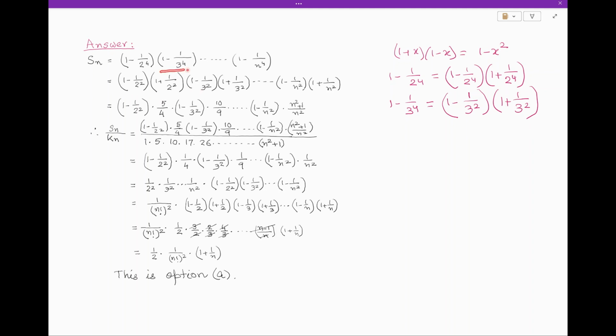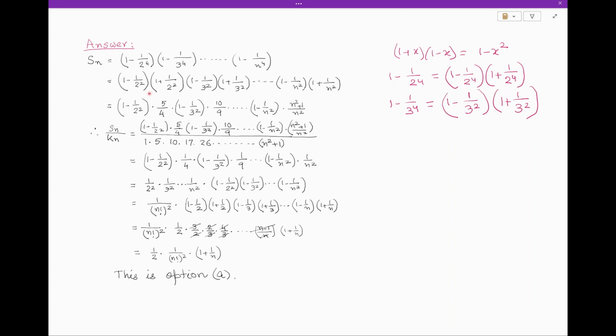And the second term becomes 1 minus 1 by 3 squared multiplied by 1 plus 1 by 3 squared. And this will go on until the last term becomes 1 minus 1 by n square multiplied by 1 plus 1 by n square.